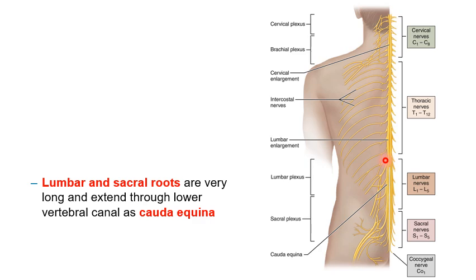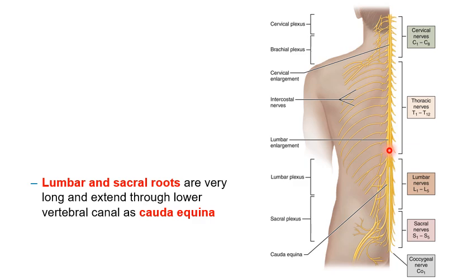Your spinal cord is going to end before your lumbar nerves start. So your spinal cord is going to come all the way to here, before your lumbar vertebral column bones. After that you're going to see only these nerves. They're going to come down and come out of the vertebral column space.